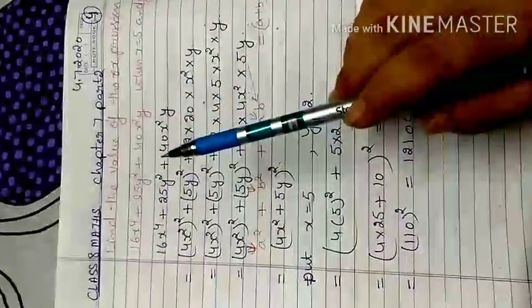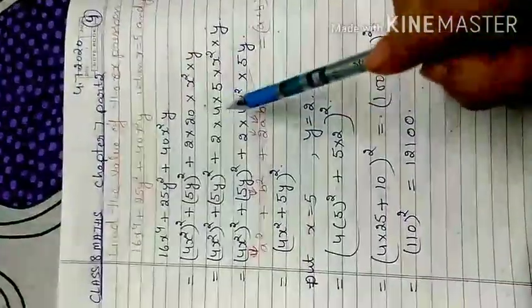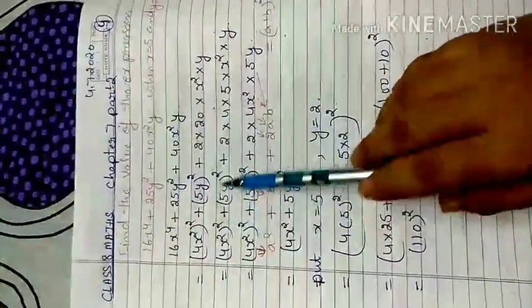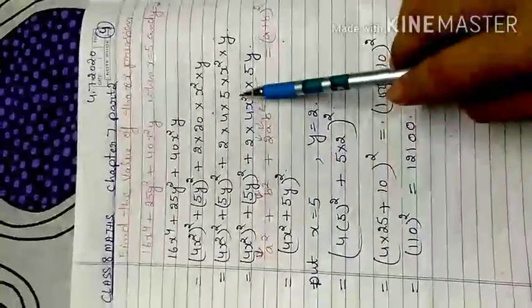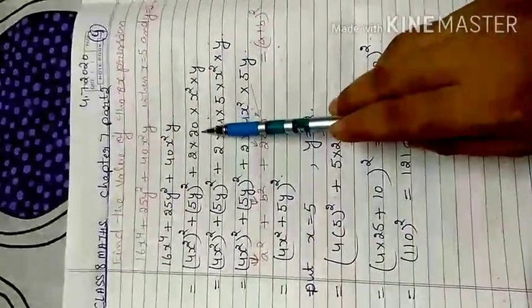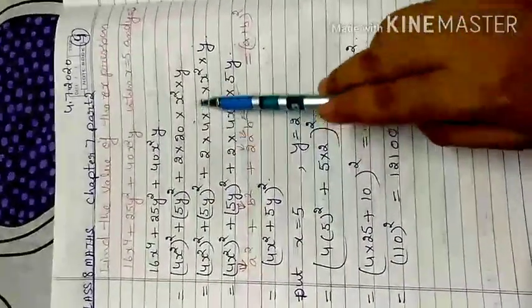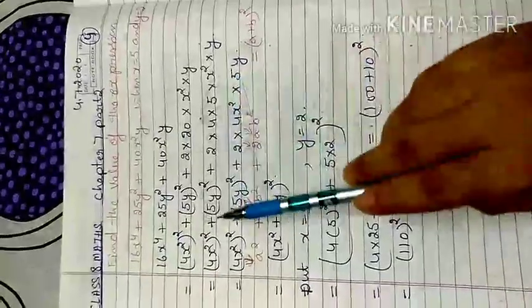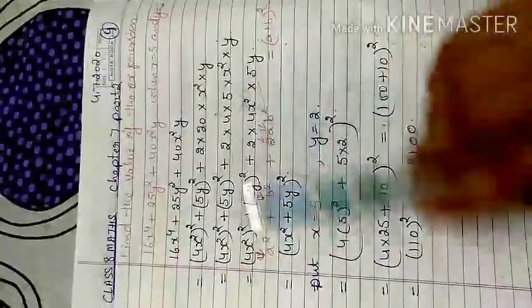But my condition for a plus b whole square is first term square, second term square plus 2 times the multiplication of these two terms. That means 4x square and 5y must be present along with the 2. So if I make the factor of 20 in the form of 4 into 5, 4x square goes with my first term and 5y as my second term.